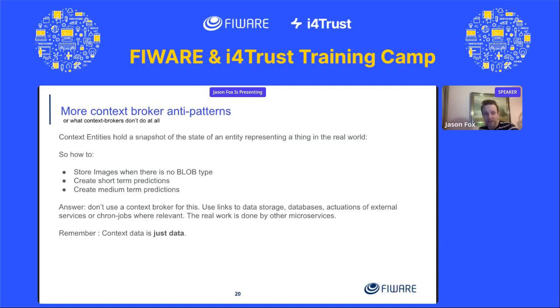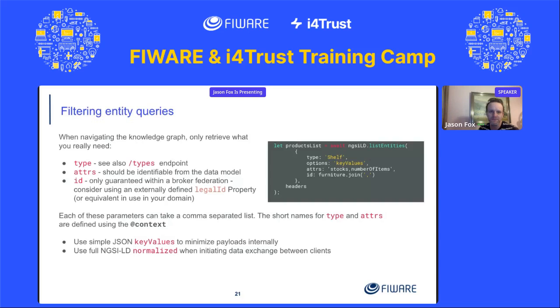But typically, if necessary, you need to use other data storages. You need to use databases as databases, or you can actually have some external job which will then push data back into the system. But in the main, you should consider your context data is just context data.